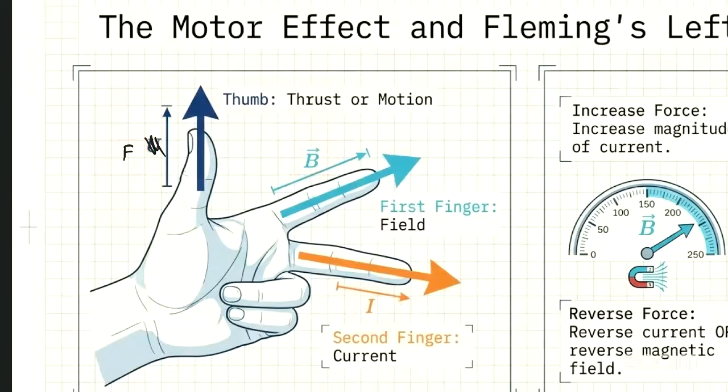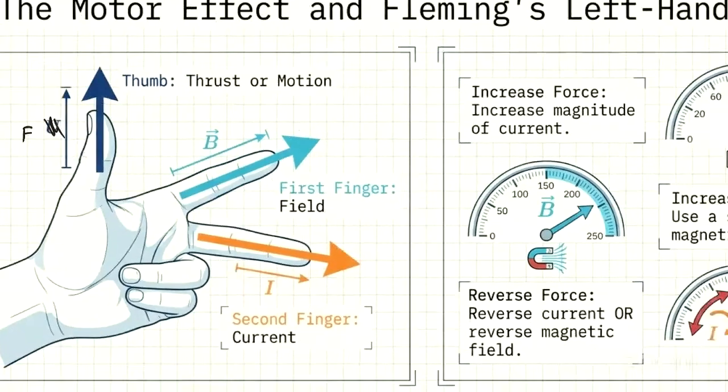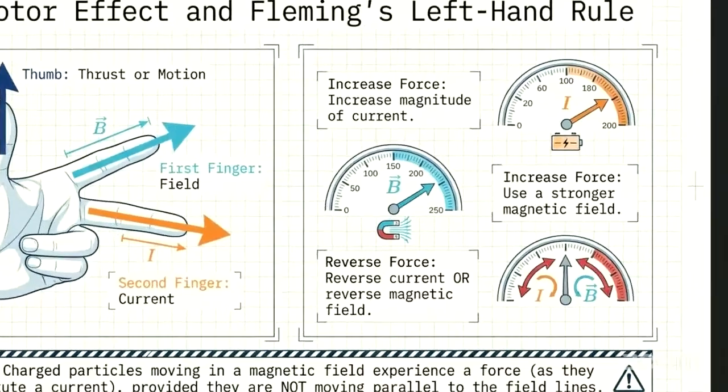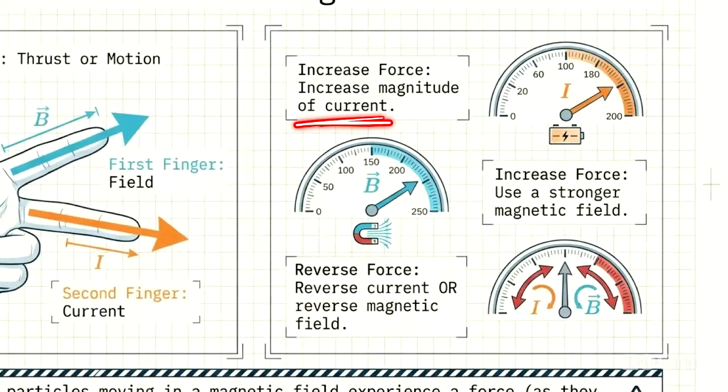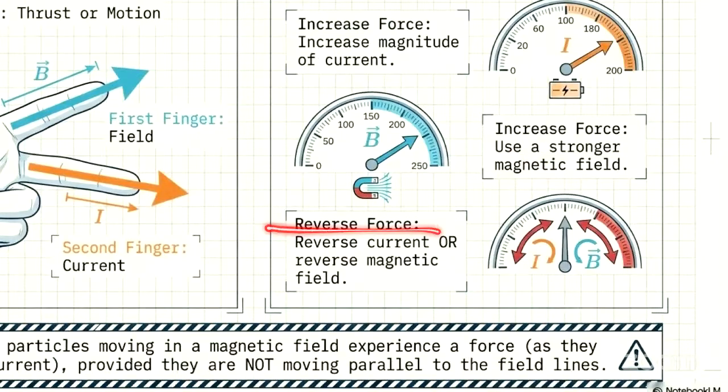A comprehensive short note is given here. To increase the force, we can use a stronger magnetic field. If we need to reverse the force, then we need to reverse the current direction, or reverse the direction of the magnetic field.